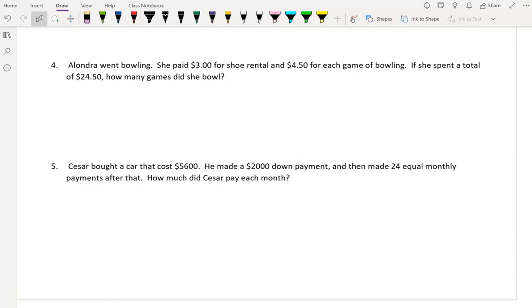Okay, first of all, we are going to circle the numbers: $3, $4.50, $24.50. And we are underlining the question, how many games did she bowl? And we are going to let G equal the number of games. Now you can use whatever variable you wish.